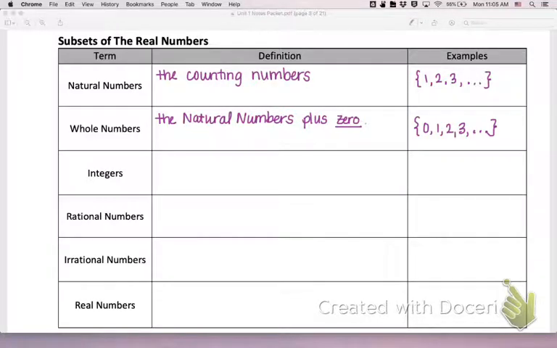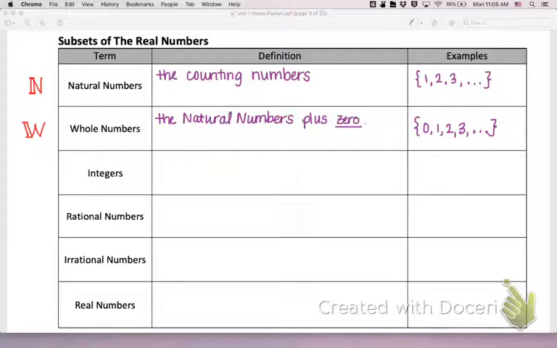The natural numbers is an N. If you saw it printed, it would have these double bars on them. The whole numbers is a W, so that's pretty easy. You can add these on the sides if that makes it easier for you.